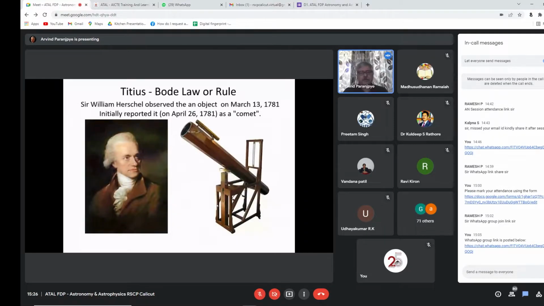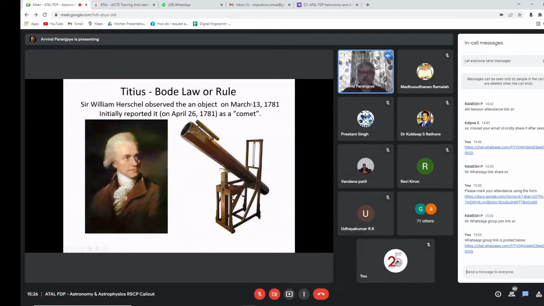Then what happened was that on 13th of March 1781, this great person, Sir William Herschel, was observing and he observed an object, and he reported it as a comet. You can see it took quite some time for him to report this.